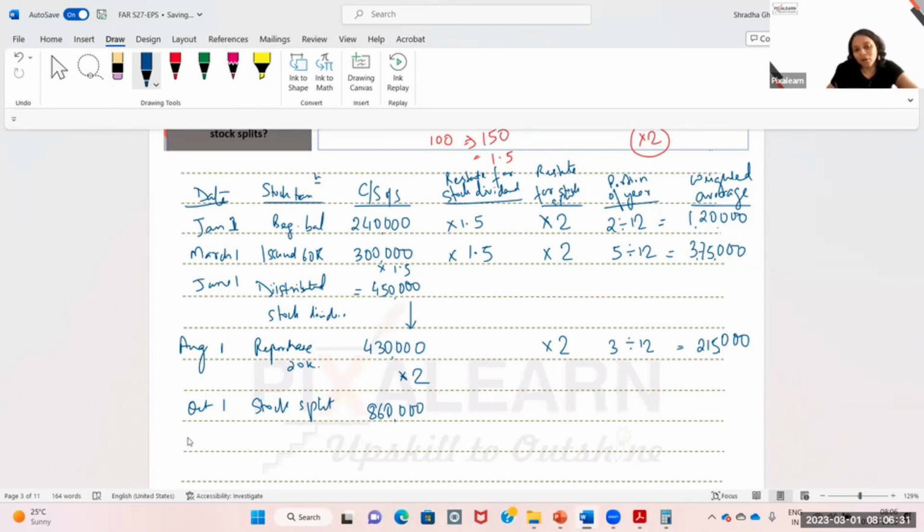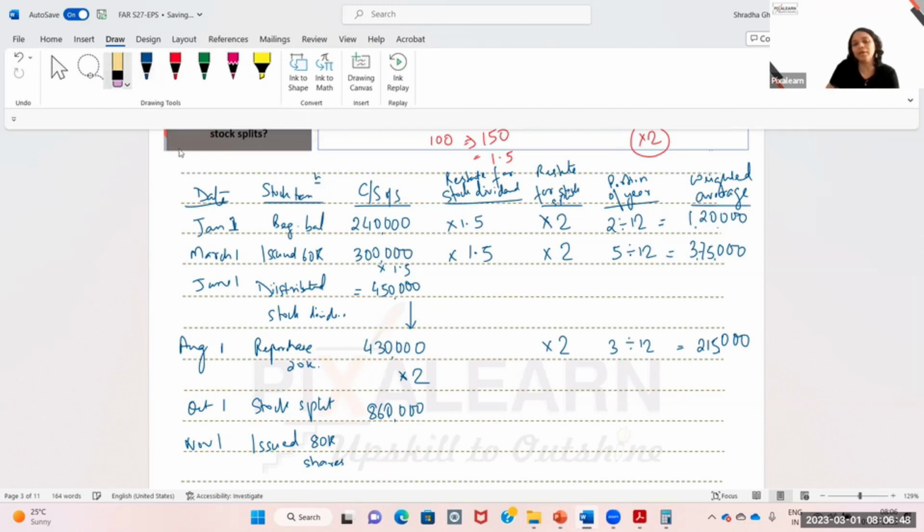Then what happened on November 1? I issued a fresh issue. How many? 80,000 shares. Yes or no, guys? So if I add 80K to this, now it becomes 940,000 shares.